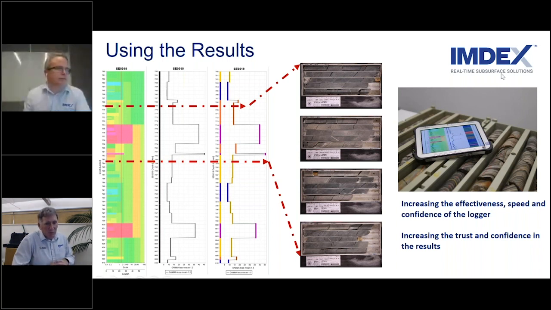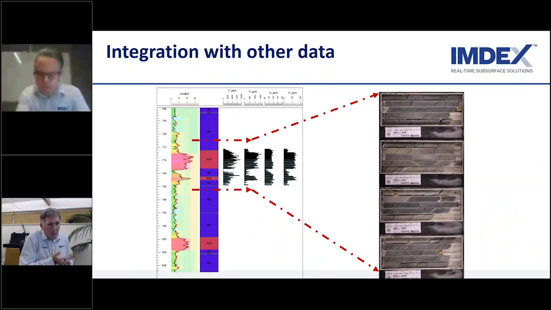The question from Jerry here is about core recovery. For lower core recovery, how would this affect the gamma data? I guess the beauty of gamma, maybe we didn't touch on this enough, is that it's a natural gamma logging tool. It can actually be run within the rods in the hole, so it's not an open hole logging technique.